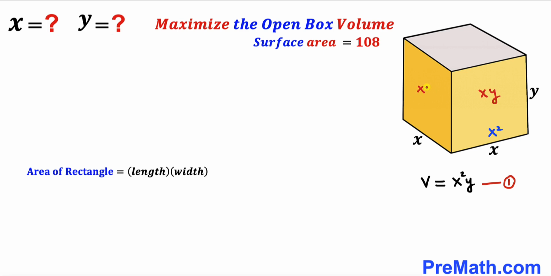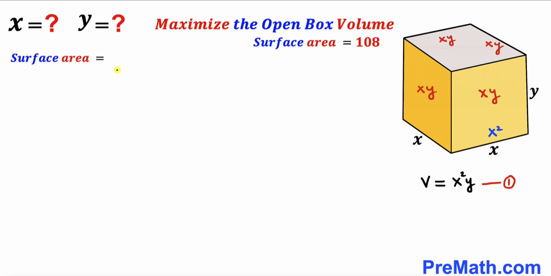Likewise, this is x times y, and x times y on this other side, and x times y as well. So the total surface area is going to be x squared plus 4 times xy. So I can write x squared plus 4 times x times y.